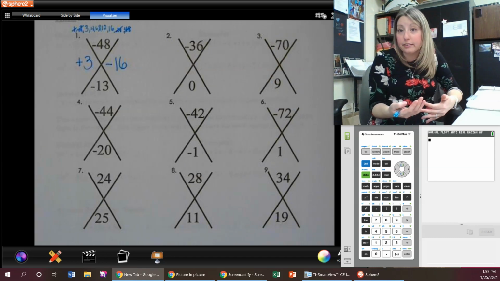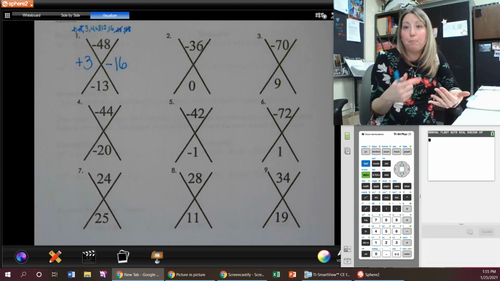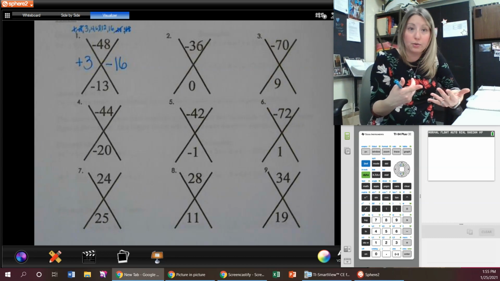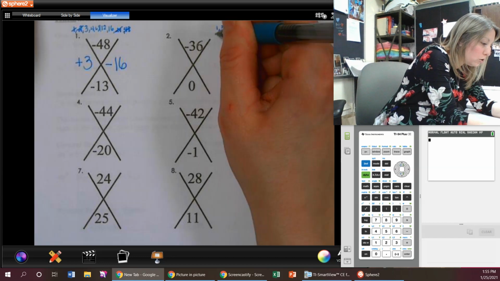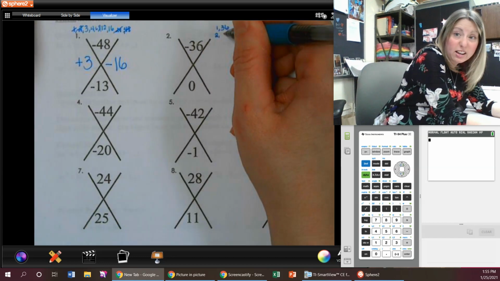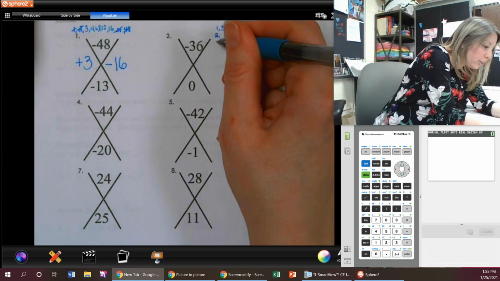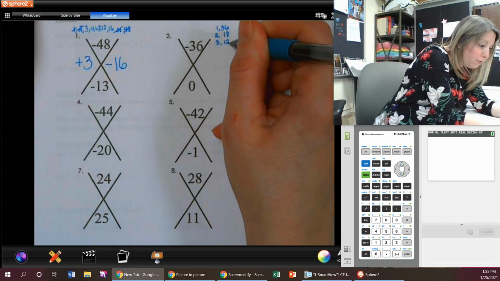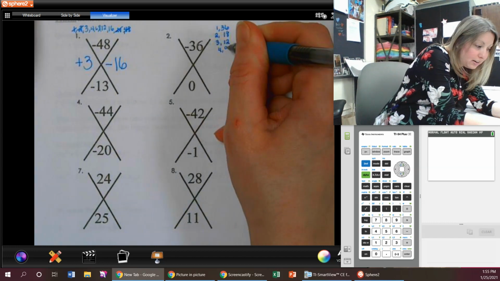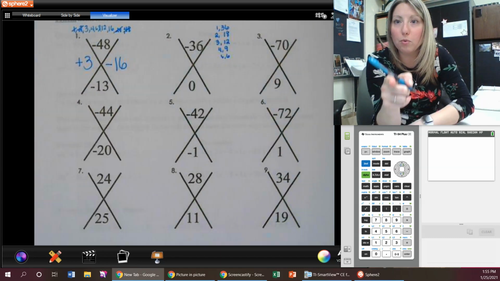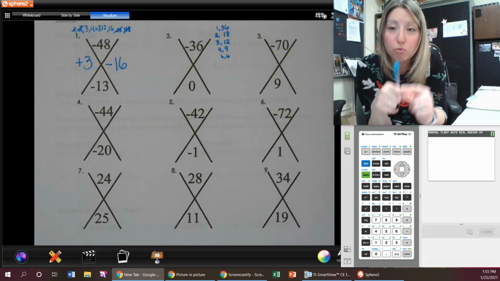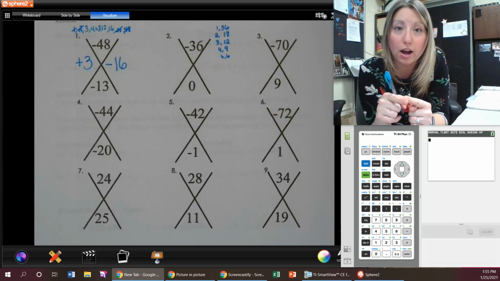Think about 36. What are our pairs of factors that multiply together to give us 36? 1 and 36, 2 and 18, 3 and 12, 4 and 9, 6 and 6. And there we go. What can also subtract to get 0, right?